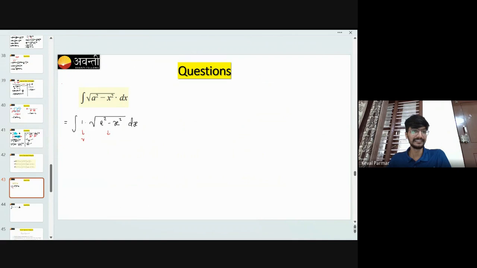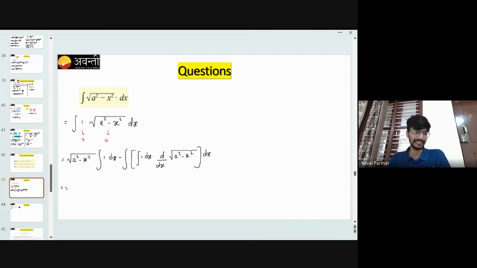So if I use the formula, I'll get u, under root of a square minus x square, into integration of v, minus integration of v into derivative of under root of a square minus x square dx.